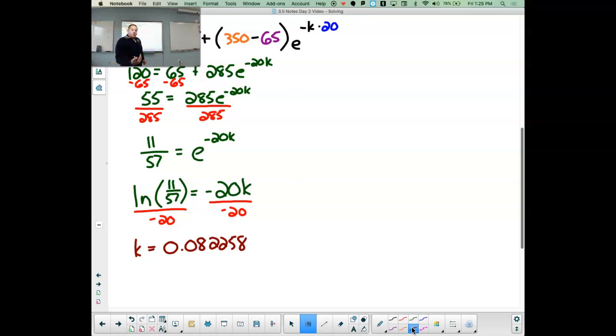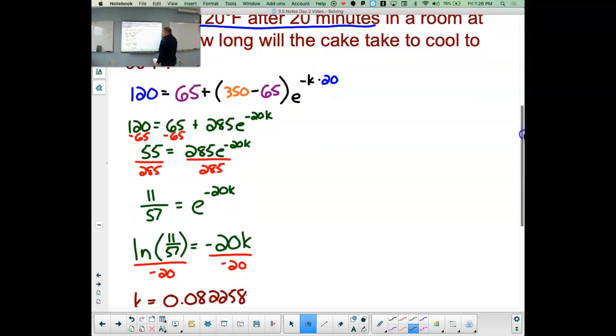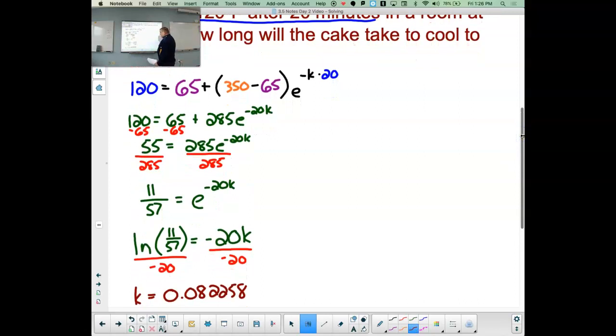We need to utilize that k now, and if I just use 0.08, my numbers are going to be way off. Okay? We want to be as exact as possible, so we're going to utilize as many digits as we can. Okay? So now let's answer the question, how long will it take the cake to cool to 90 degrees?